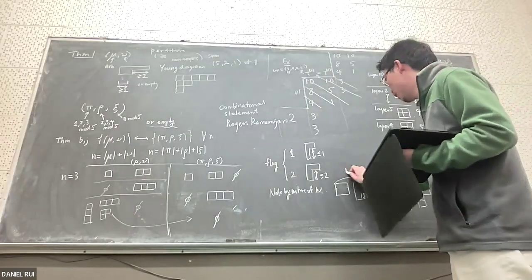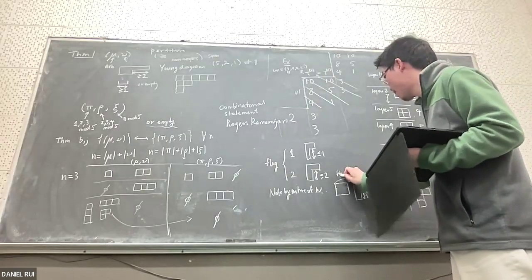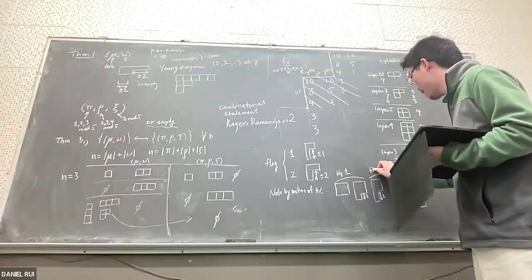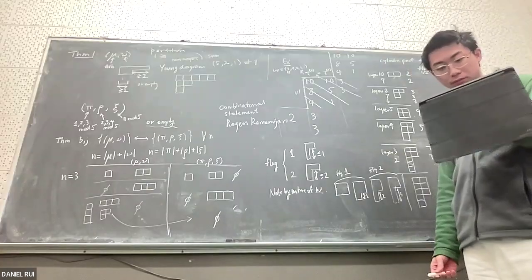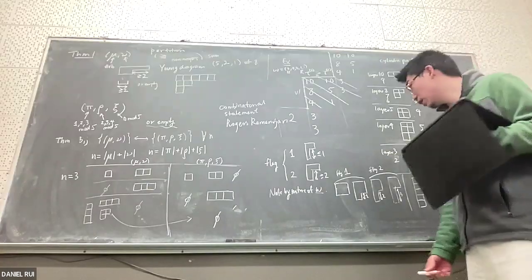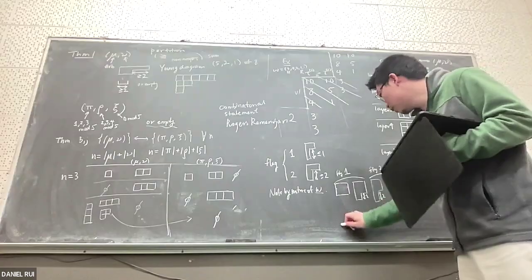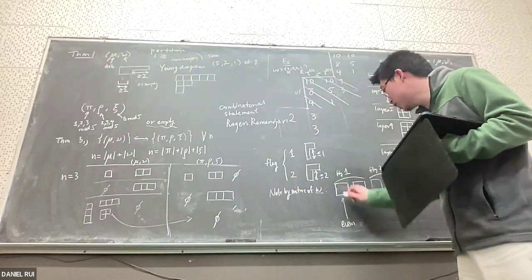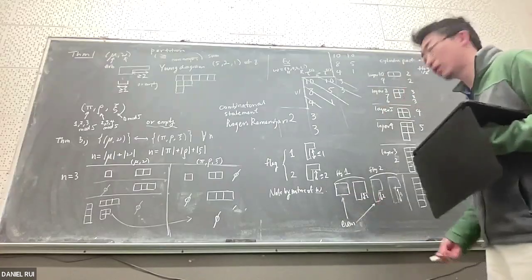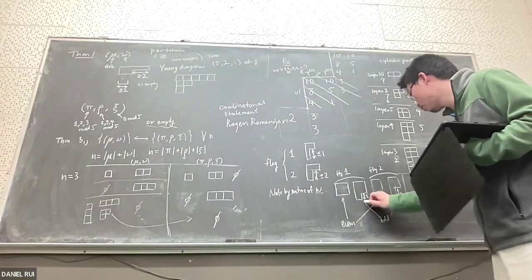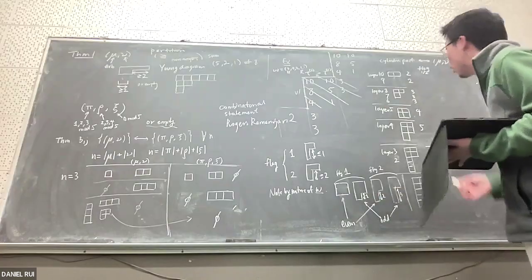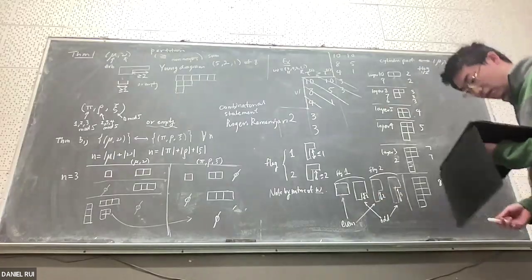And these are flag 1, and these are flag 2. Furthermore, there are an even number of blocks in this one and this one, and an odd number of blocks in this one and this one. This will be important later.